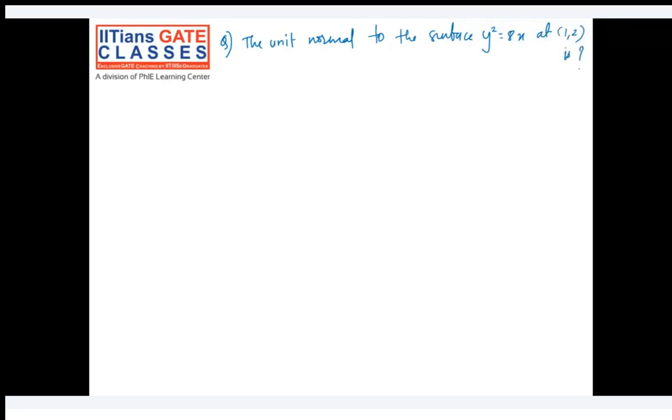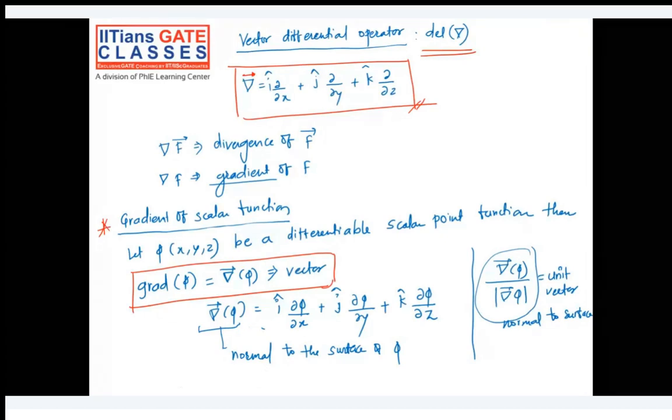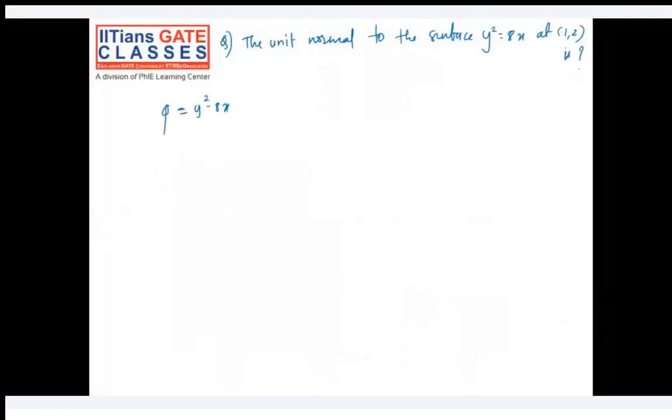As I said previously, the gradient of phi will be the normal to the surface phi. So if we have a scalar point function phi for a surface, in this case y square equals 8x, then phi is equal to y square minus 8x.